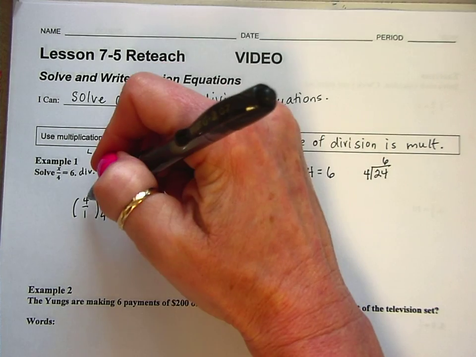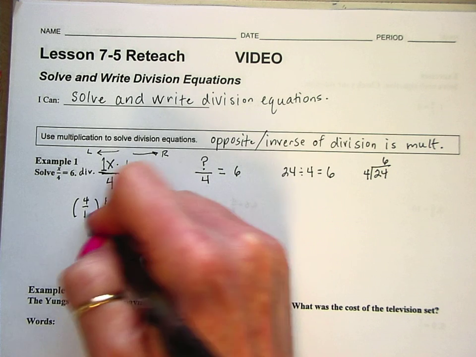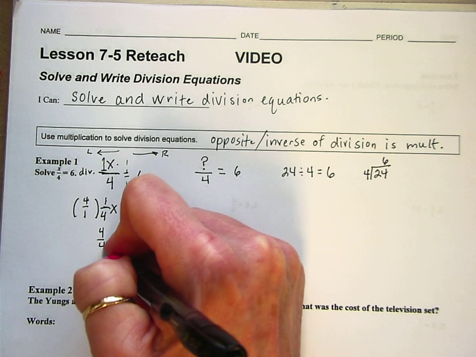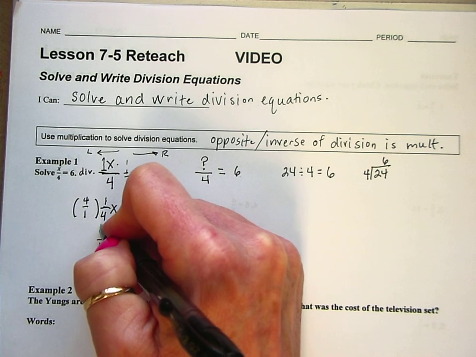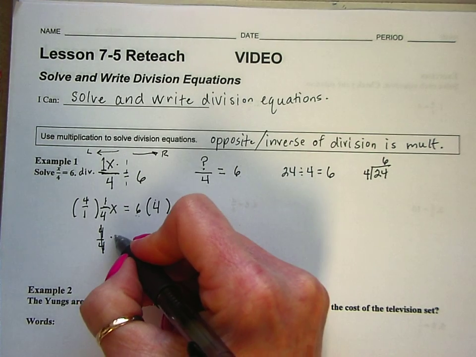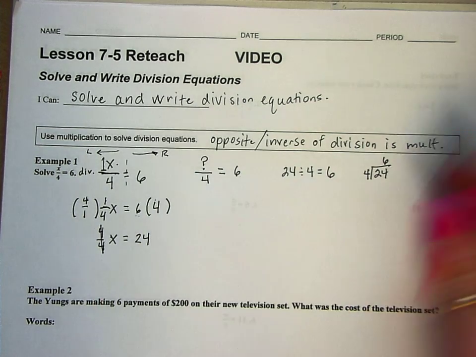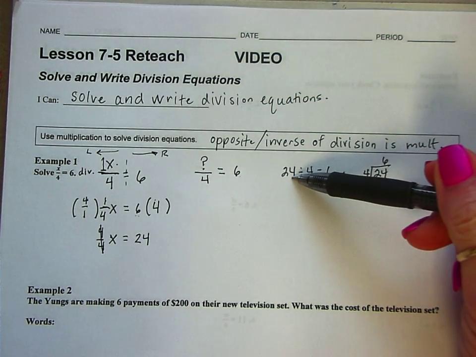So 4 times 1 is 4, 1 times 4 is 4. That's 1. 4 divided by 4 is 1. So I'm simply left with x equals 24, which we already knew was the answer.